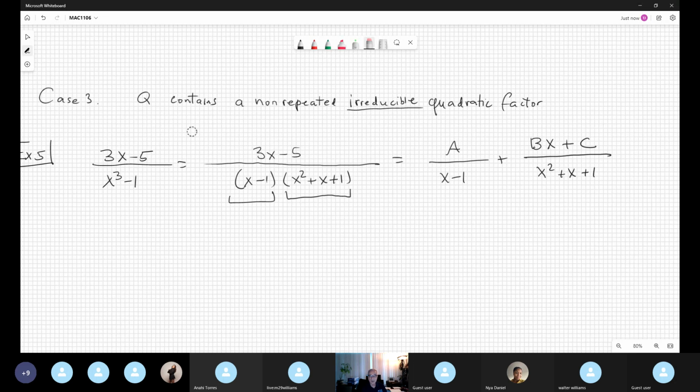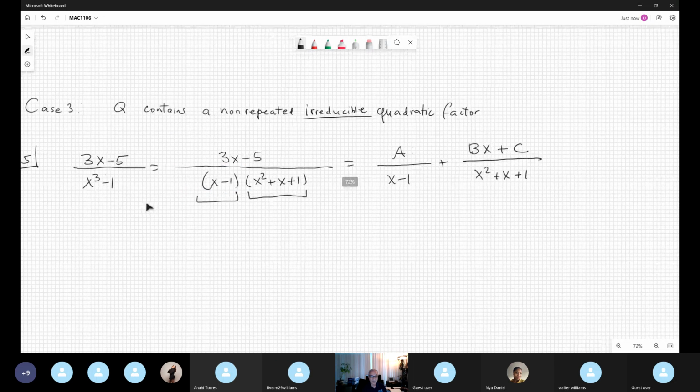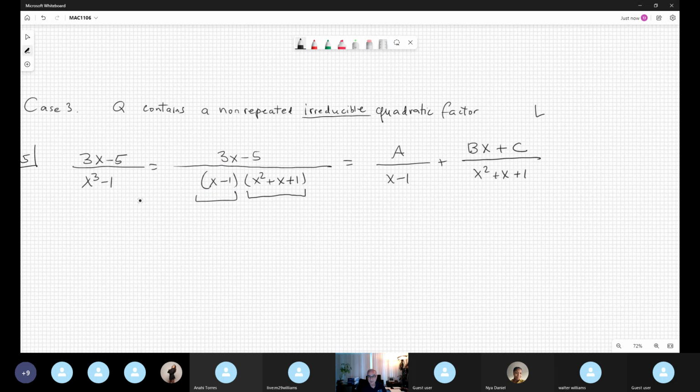Now, one more time, find the least common denominator. Obviously it is both factors together. And when you multiply everything by the LCD in order to eliminate the fractions, you have on the left-hand side 3x minus 5.